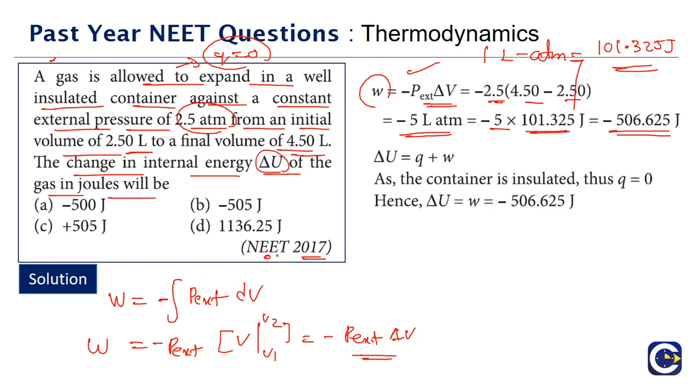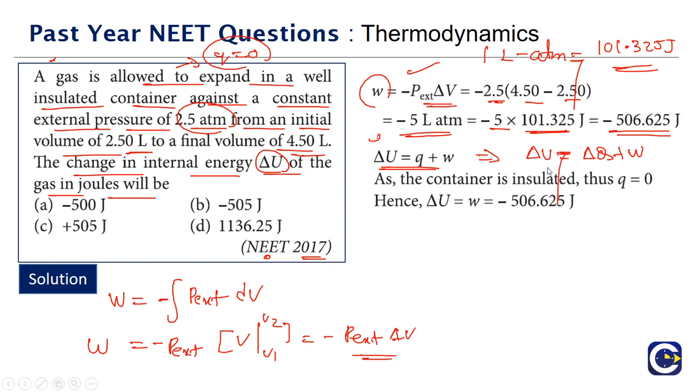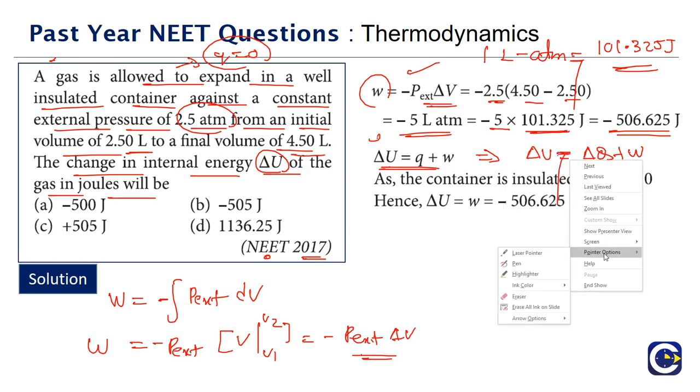So as per the first law of thermodynamics, what do we have? Delta U is equal to Q plus W. Otherwise we can also write it as delta U is equal to delta Q plus W. That's another way in which we can write it. Since it is happening in an insulated manner, the Q will be 0.